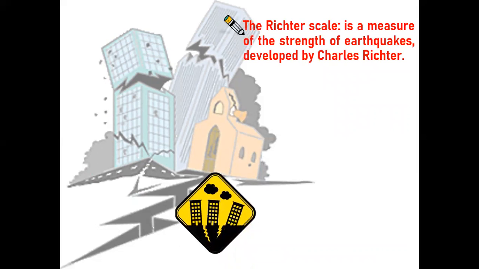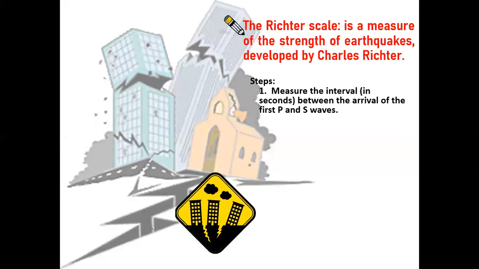The Richter scale measures the strength of the earthquake and was developed by Charles Richter. That's why it received his name. And the steps, how it works: it measures the interval in seconds from the arrival of the first wave, which was the P, the primary wave, and the S waves, which are the secondary waves.